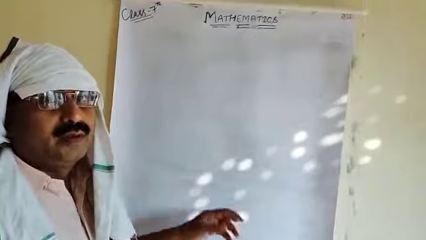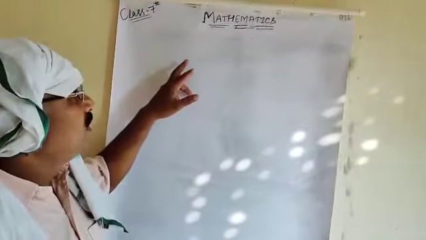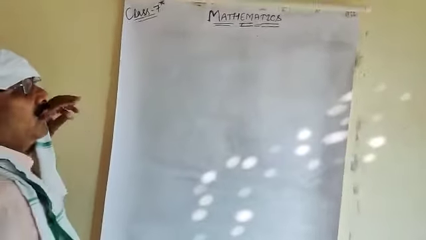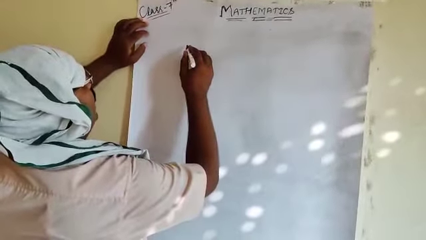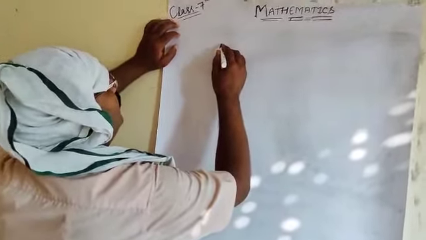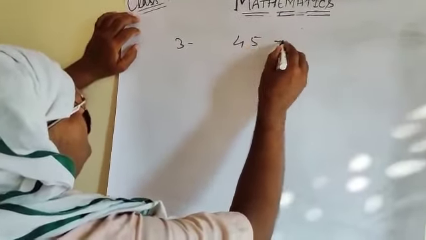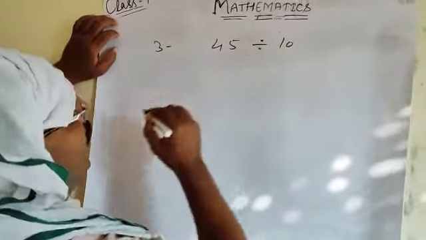Dear students, sometimes the given number is divided by 10, 100, 1000. So how will you divide? Suppose the given number is 45 divided by 10.